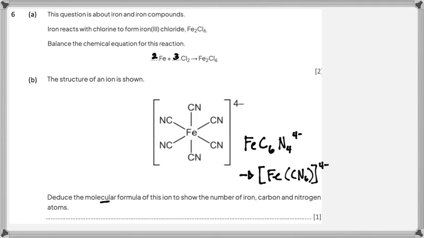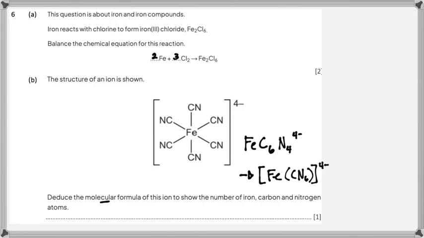We must show brackets and a charge like the diagram does to score the mark. I repeat, you must show the brackets and charge like the diagram. So there's a bracket there.